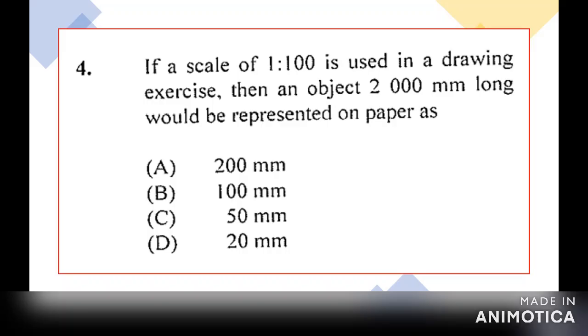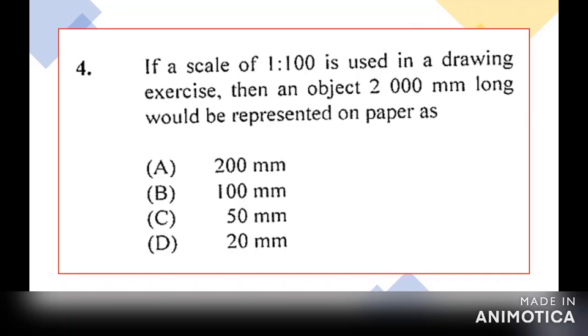Number 4, if a scale of 1 to 100 is used in a drawing exercise, then an object 2000 millimeters long would be represented on paper as. And number 4, the way you find that is, a drawing is 100 times smaller. 1 to 100 means that the scale of 1 is equal to 100 times.